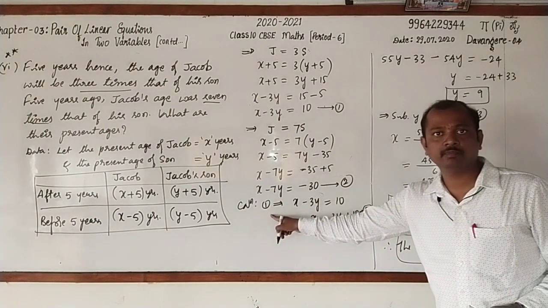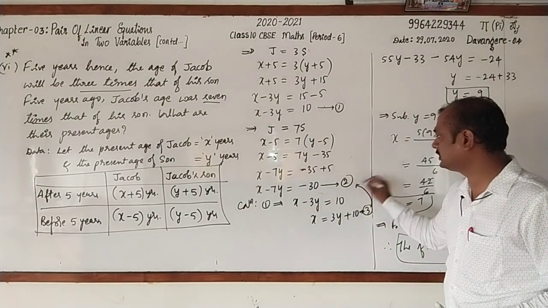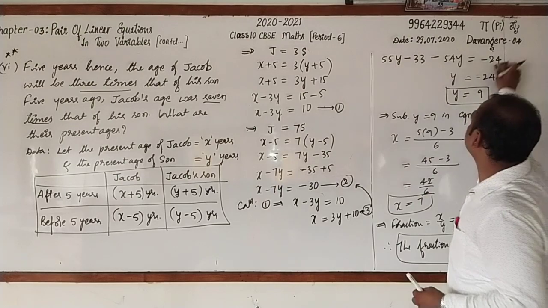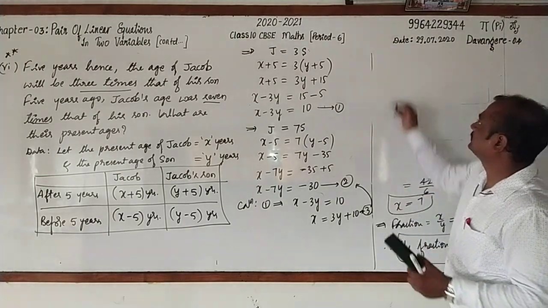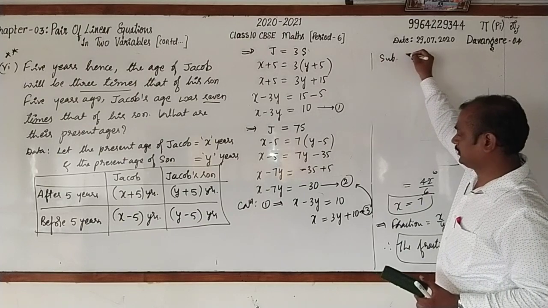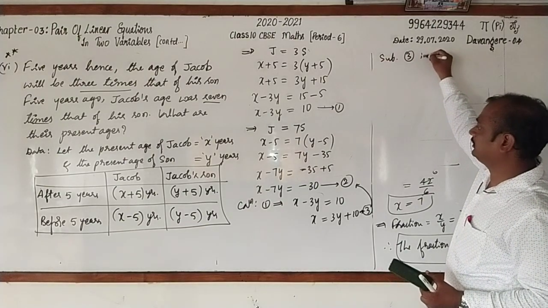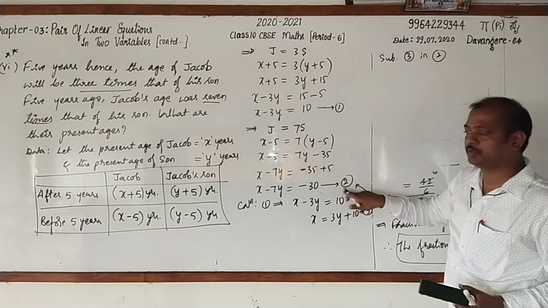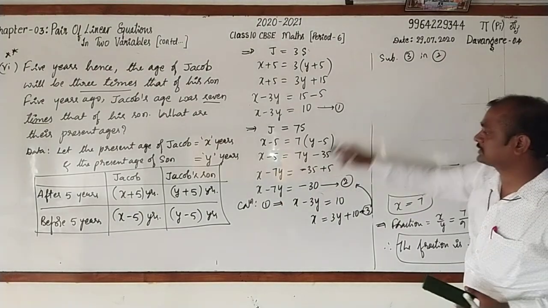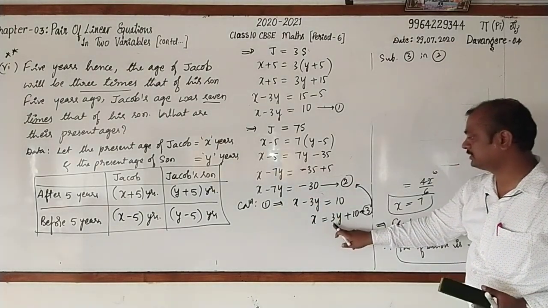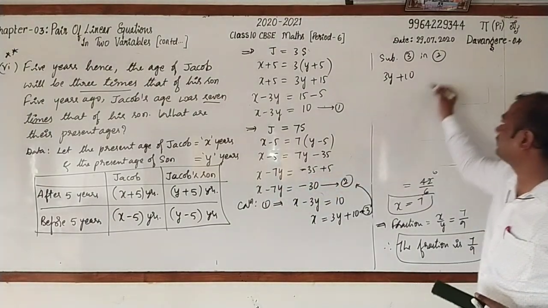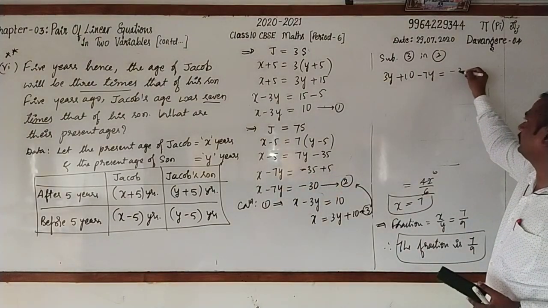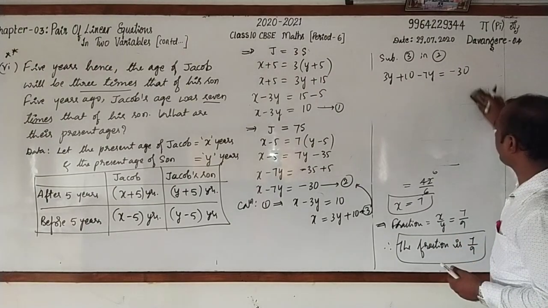Equation 3 is taken from 1, and substitute this in 2. Here I will substitute equation 3 in 2. Then I can write x minus 7y. What is x? It is 3y plus 10. x minus 7y is equal to minus 30.